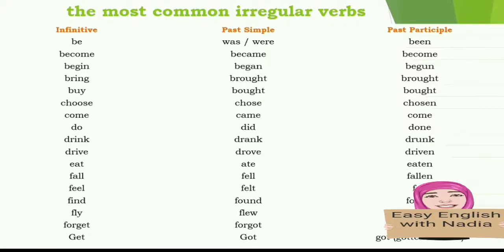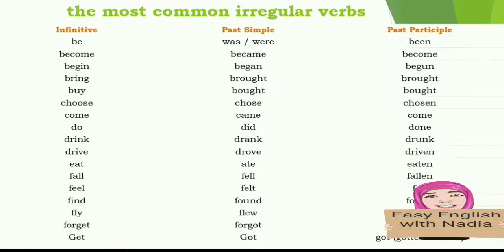Drive, drove, driven. Eat, ate, eaten. Fall, fell, fallen. Feel, felt, felt. Find, found, found. Fly, flew, flown. Forget, forgot, forgotten.